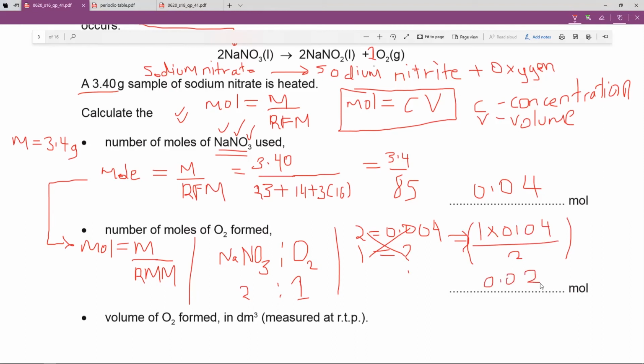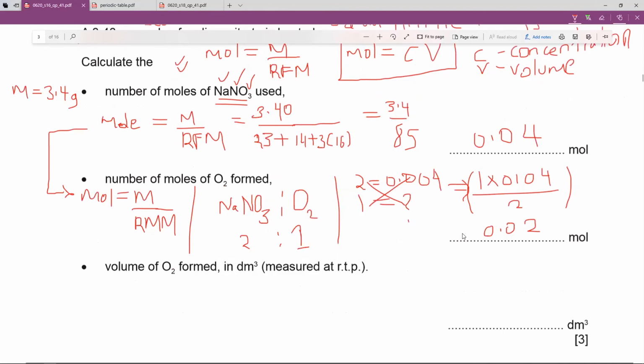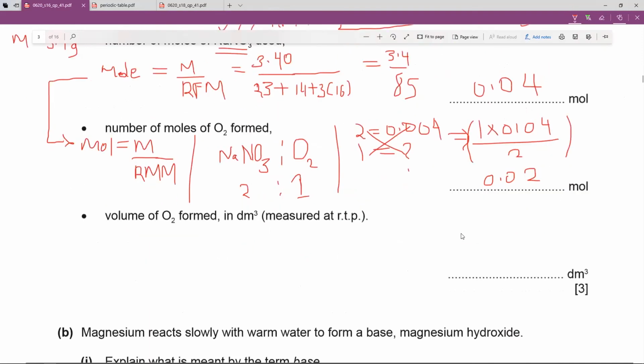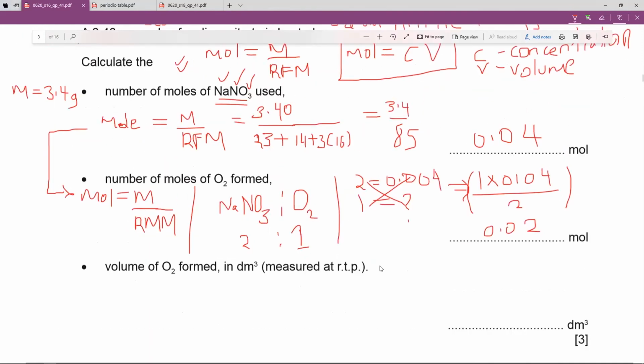Okay. Now, the third section of this question is about molar gas volumes. And it says volume of oxygen formed in cubic decimeters. Now, let me just make this clear. A decimeter cube, or 1 cubic decimeter, is the same as 1 liter.